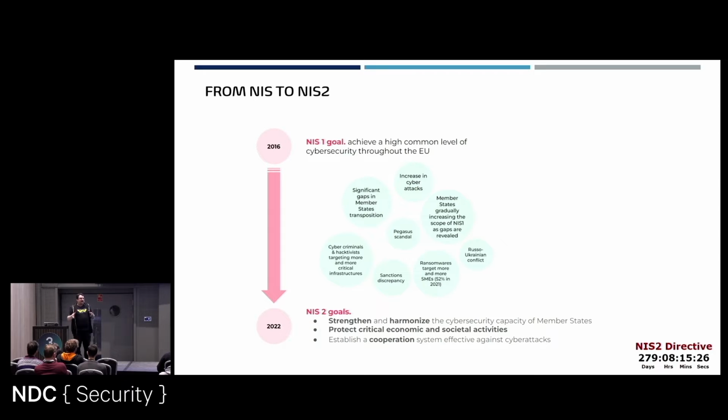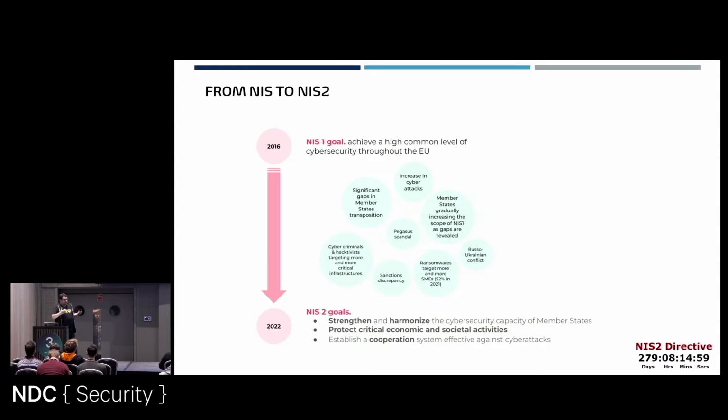The directive might tell you where you've got some leeway, some flexibility on how to implement it, and each member state will decide how far they want to go with that. So there are certain things that need to be everywhere, but there are others that are at the freedom of the member states in how they implement them, and so on and so forth. And this is what happened with NIS1.